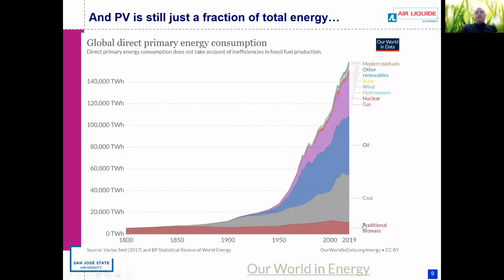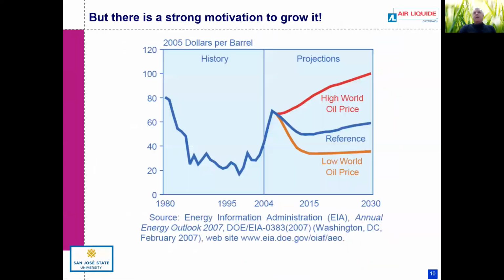And here's a nice GIF, an up-to-date one. This goes to 2019. You can see that solar is still a very small little sliver here. And there's gas, and then all the renewables are up here, just in the upper right. We've got gas, oil, coal, and traditional biomass, which is like burning wood and other stuff like that.